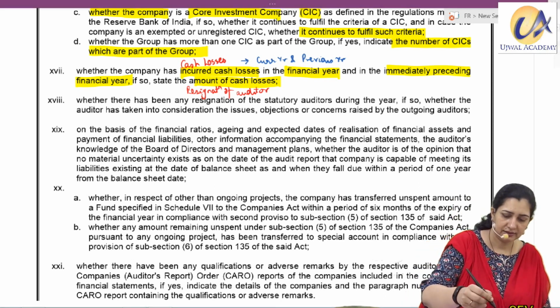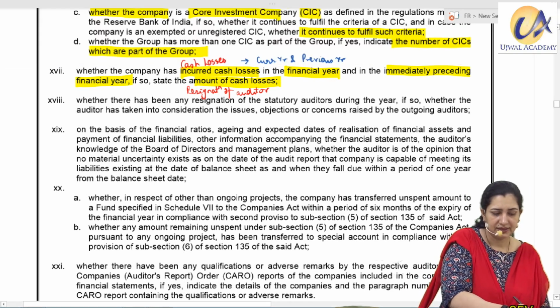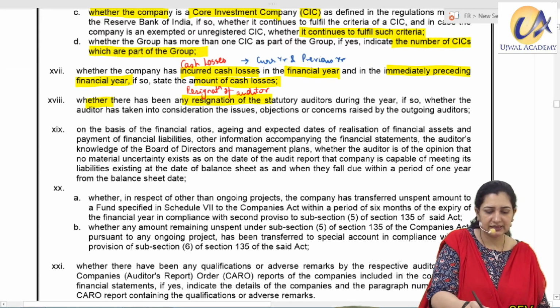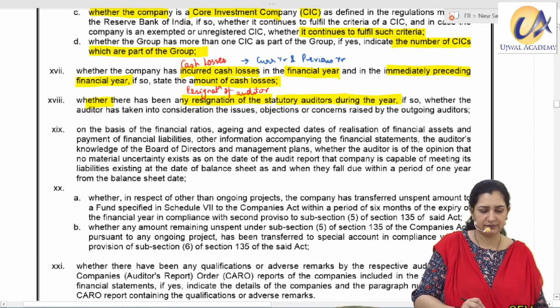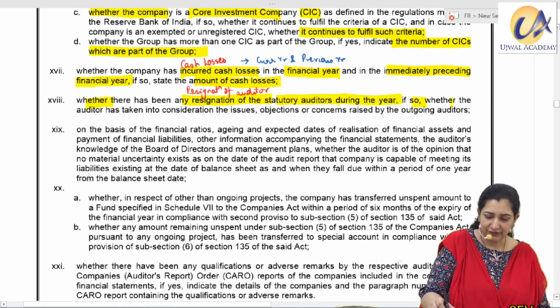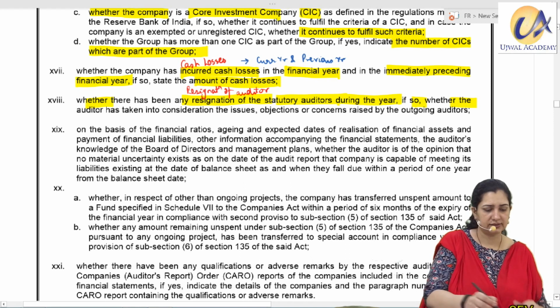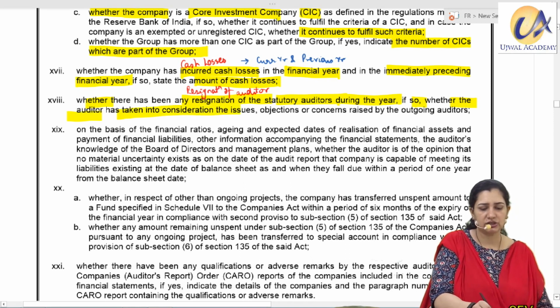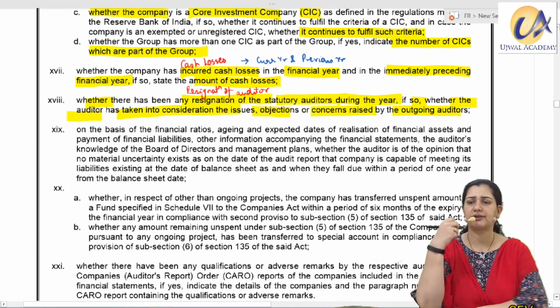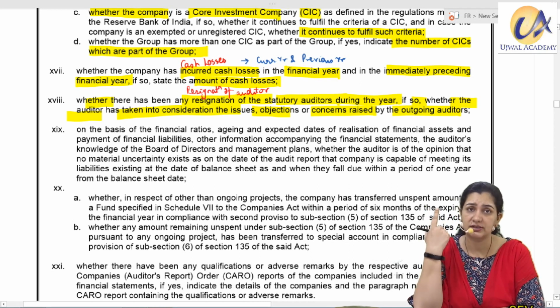Okay. Then during the year, has there been resignation of the statutory auditor during the year? If so, whether we, the new auditors, have taken into consideration the issues, objections, concerns raised by those outgoing or resigned auditors.